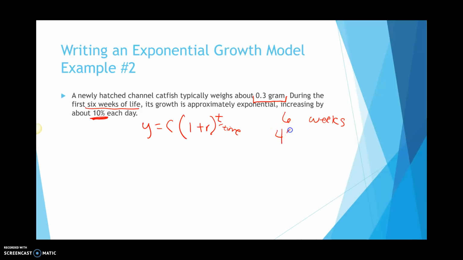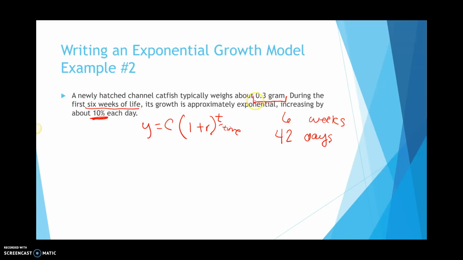Well, 42 days are in 6 weeks because there's 7 days in a week. For 6 weeks, 6 times 7 gives me 42 days. So now let's take this and set this up in the equation. Now here we're not actually getting a cost, but they're wanting to know the increase of the growth rate.